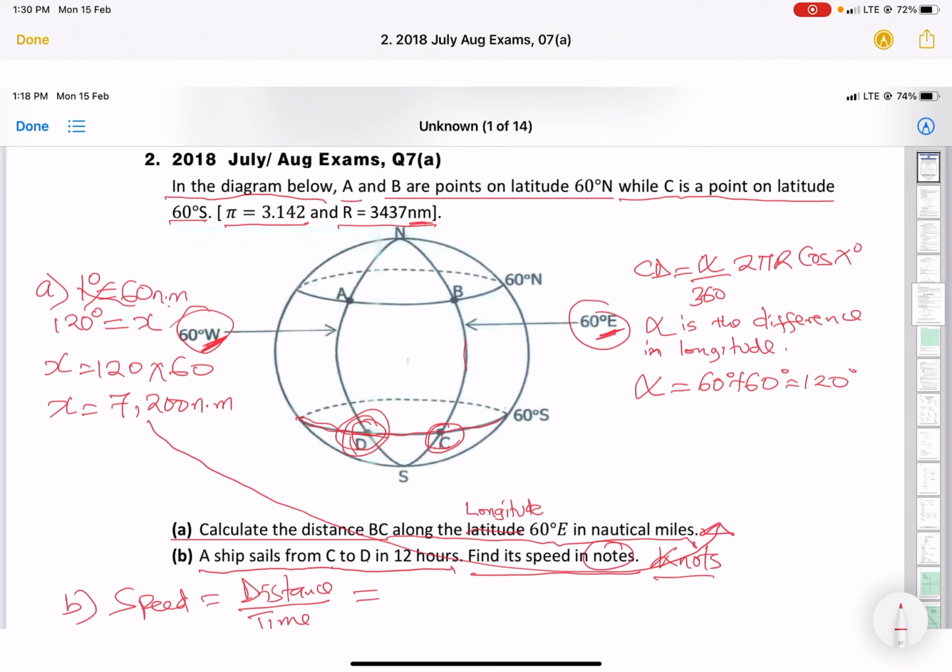And x in our formula is the latitude given. C and D are on latitude 60 degrees south. Let us now plug these values into our formula.